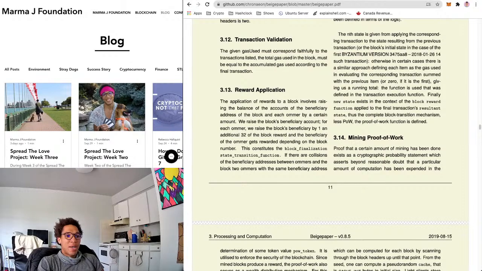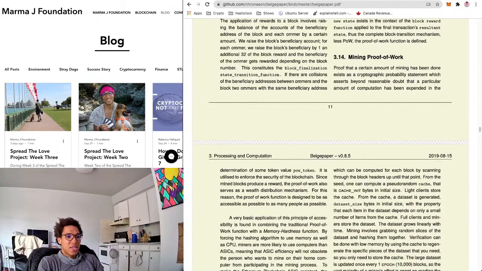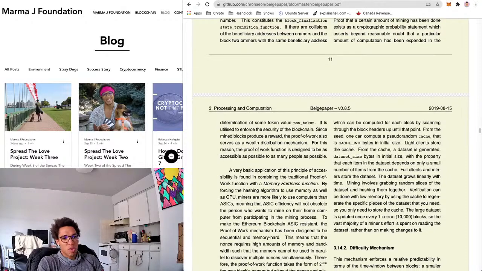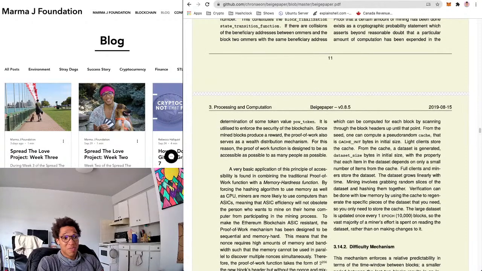Anyways, mining: proof of work. Proof that a certain amount of work has been done exists as a cryptographic probability statement which asserts beyond reasonable doubt that a particular amount of computation has been expended in the determination of some token value, the proof of work token. It is utilized to enforce security of the blockchain, since mined blocks, which reward the proof of work, also serve as a wealth distribution mechanism.